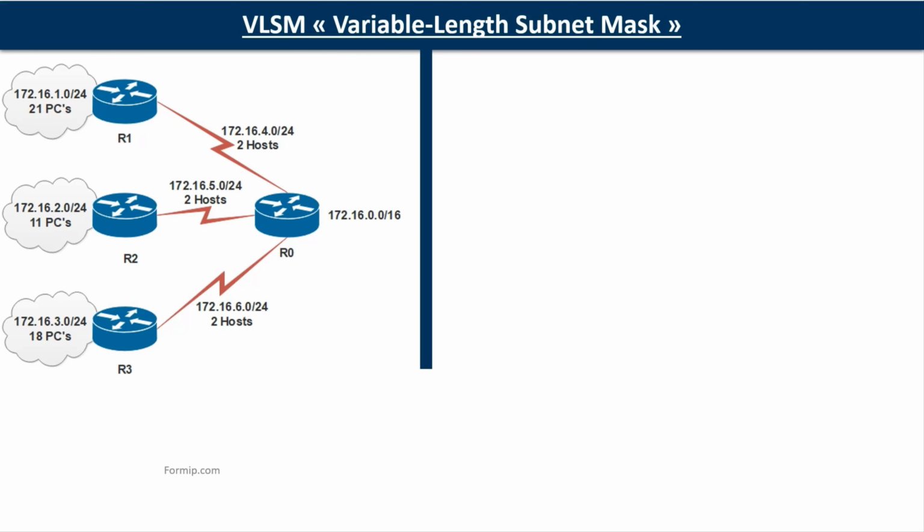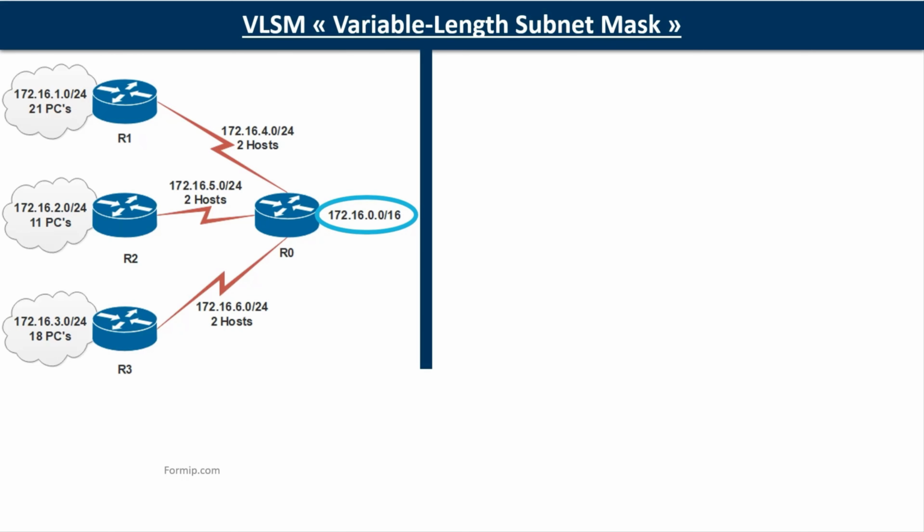For example, in this image, the network class B 172.16.0.0 has been split into several subnets by applying a /24 mask to it. That is to say, 255.255.255.0. So here, each subnet has 254 usable IPs for hosts.